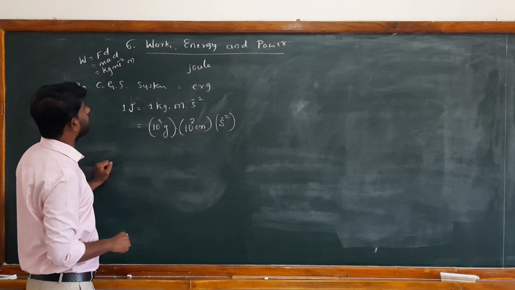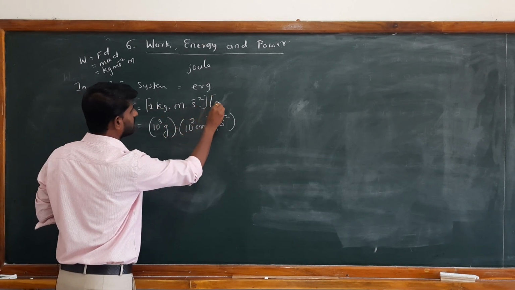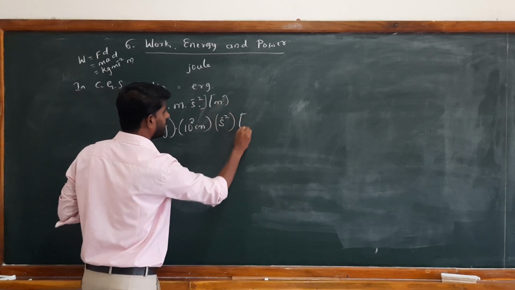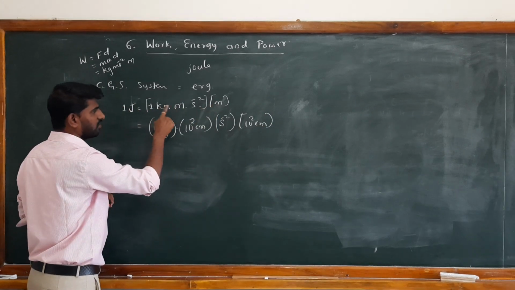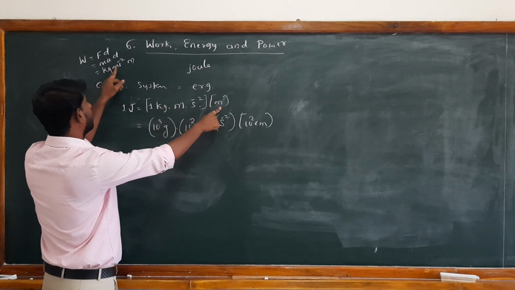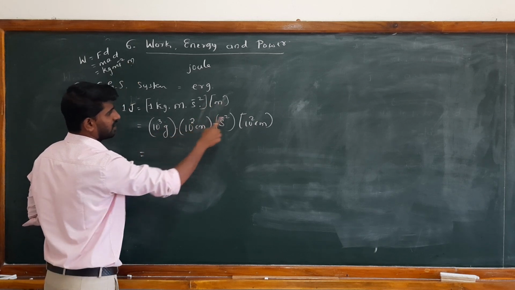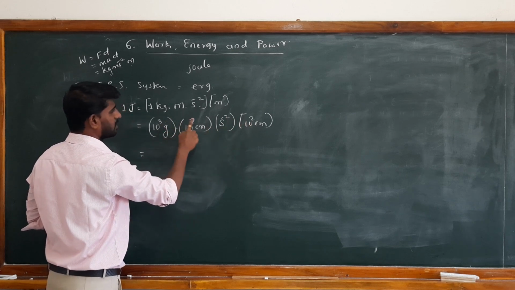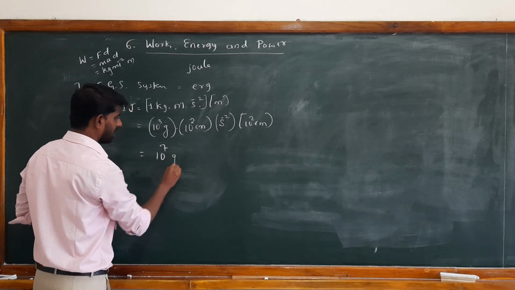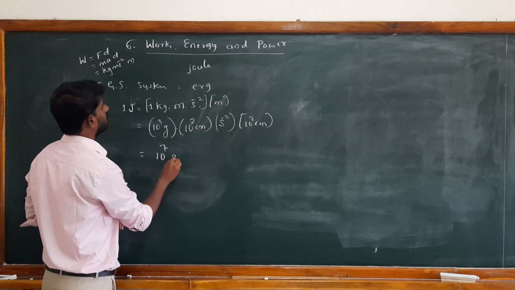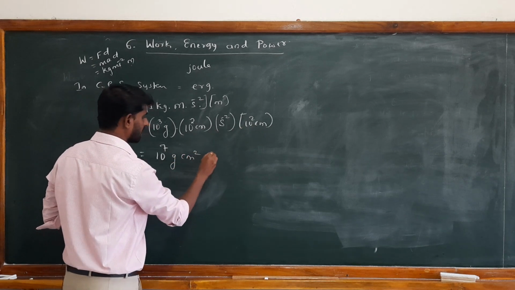This is for the force, and this is for the displacement; 1 meter is 10 to the power 2 centimeter. Next, 10 to the power 3, 10 to the power 2, 10 to the power 2 more: 3 plus 2 is 5, 5 plus 2 is 7. So 10 to the power 7 gram centimeter square per second square.